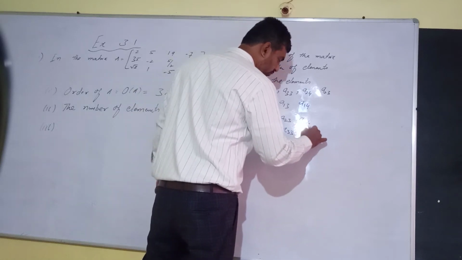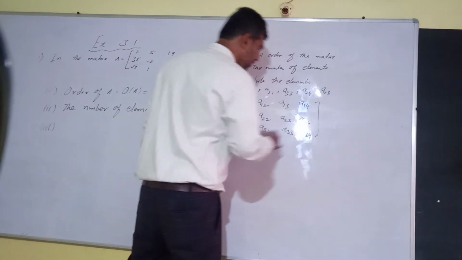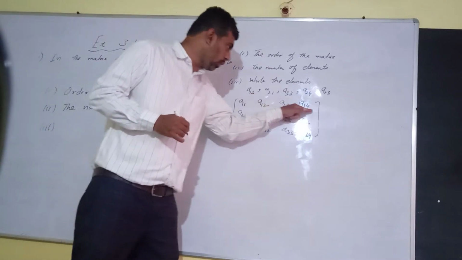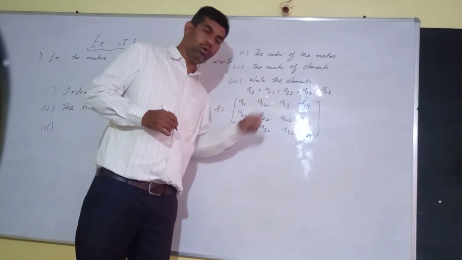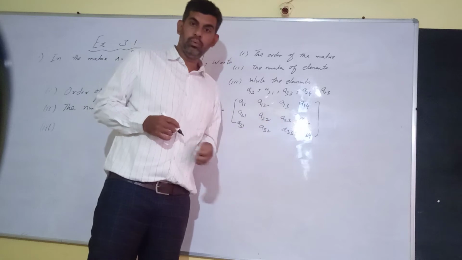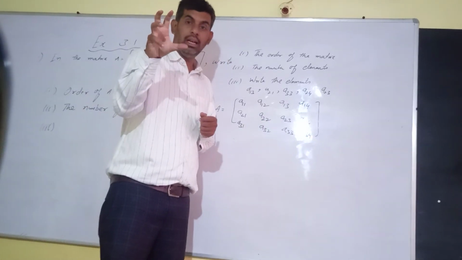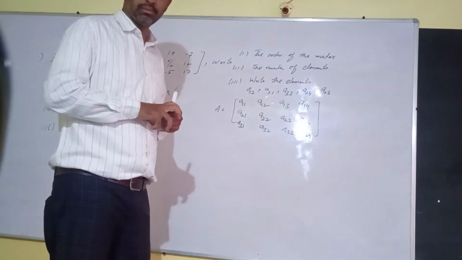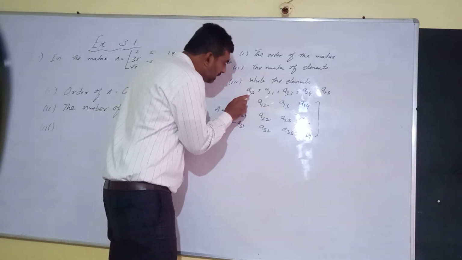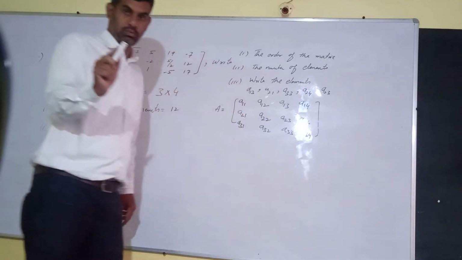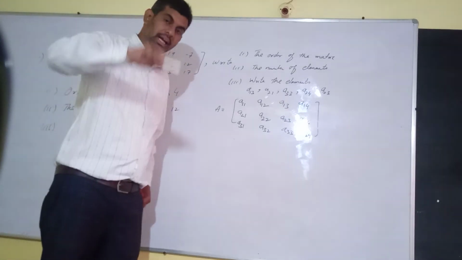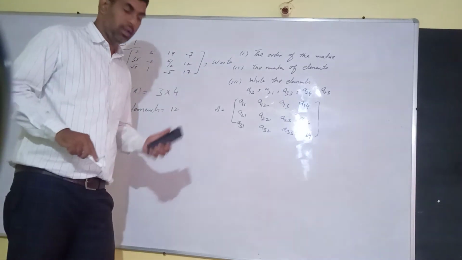Third row, fourth column. This is the symbolic denotation of elements.